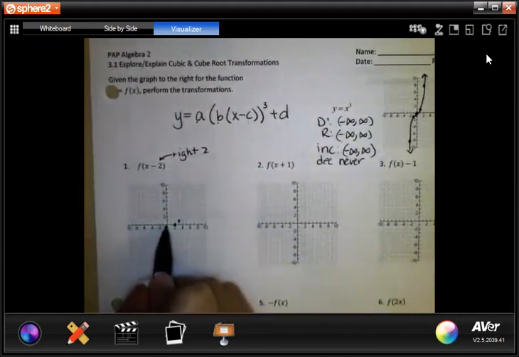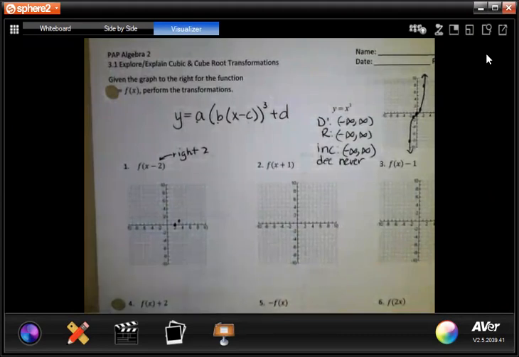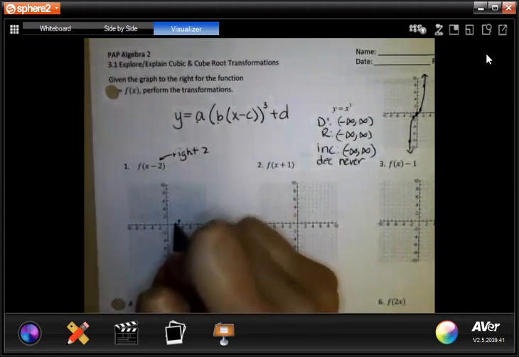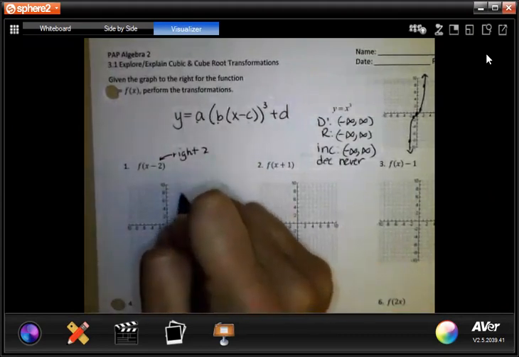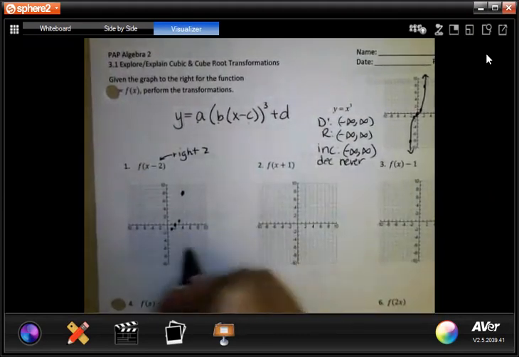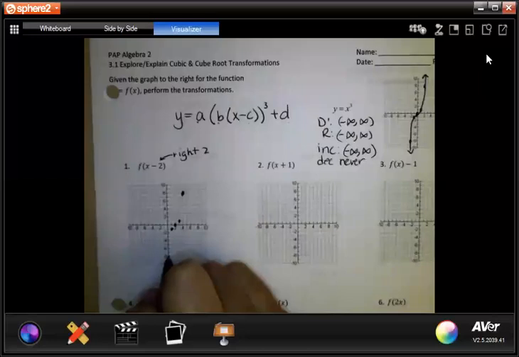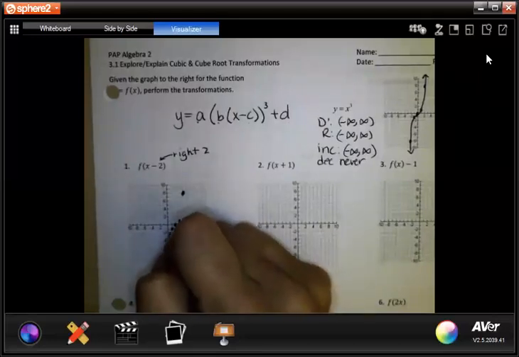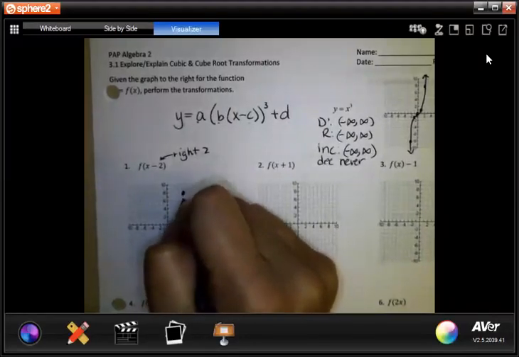So our vertex value, that (0, 0), moves to the right 2, it's at (2, 0). The (1, 1) moving to the right 2 units is going to be at (3, 1), and then (4, 8) will be the other one, and then we do the same thing for the ones that come on the other side. So we have moved this graph to the right 2.